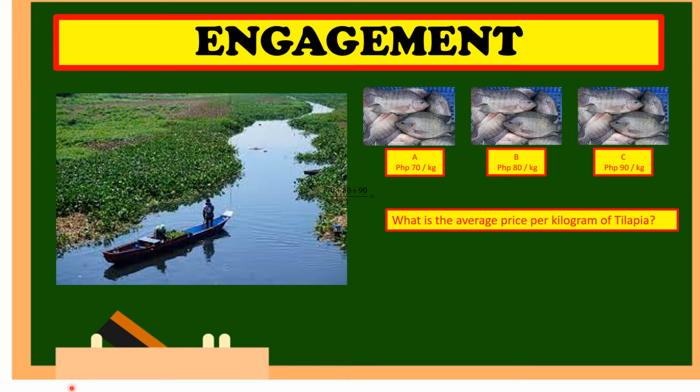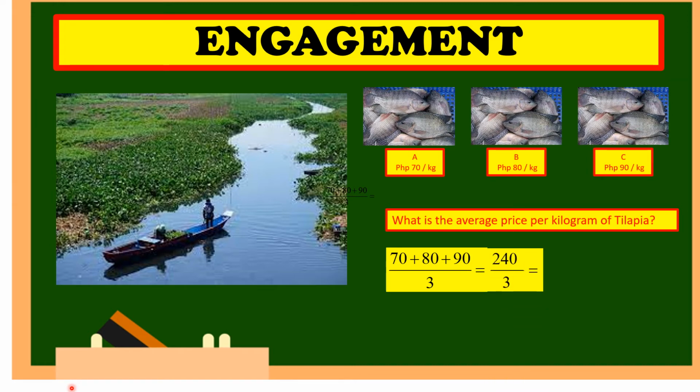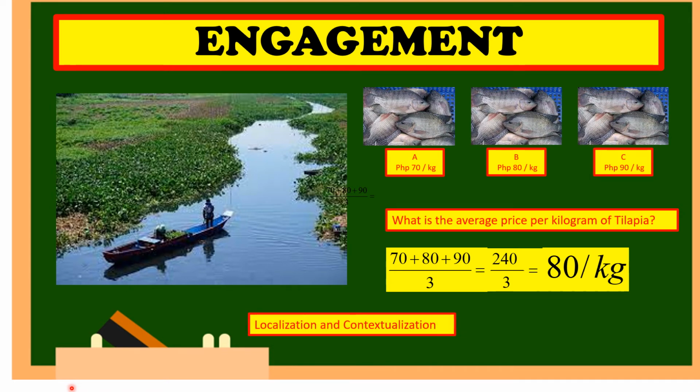What is the average price per kilogram of tilapia? So we need to find the mean. We find first the summation of x: 70 plus 80 plus 90 divided by 3. That is 240 divided by 3, and that is 80 per kilogram. So that is localization and contextualization.